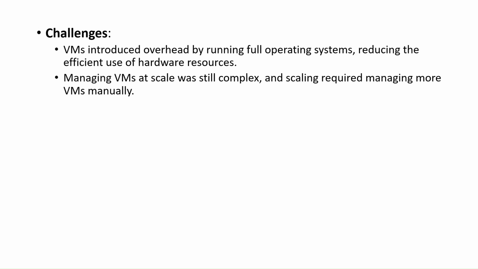So in virtual machines, what challenges were they facing? VMs introduced overhead by running a full operating system, reducing the efficient use of hardware resources. Assume the host is already running Windows 7, and on top of that the hypervisor is taking care of all the virtual machines running different things.